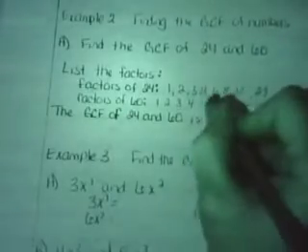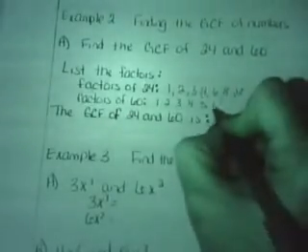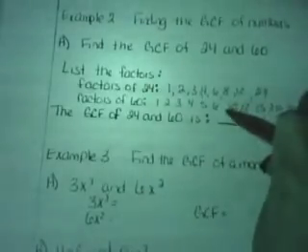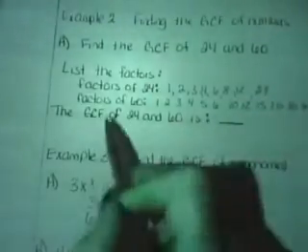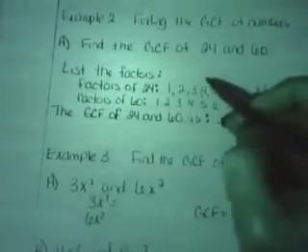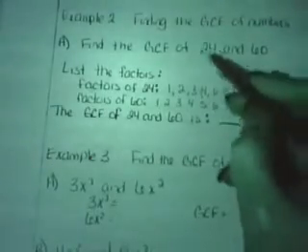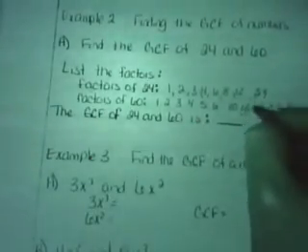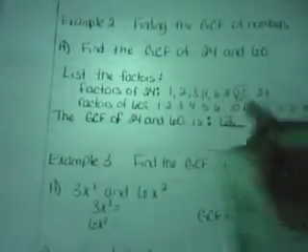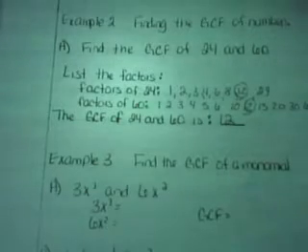Yes, 5 times 12. Will 6 go into 60? 6 and 10. Those are your factors of 60. To find the greatest common factor, I can see the greatest number that they share is 12. So 12 would be your greatest common factor.